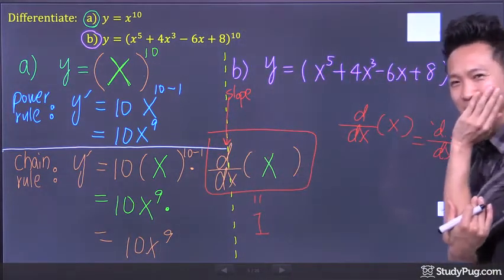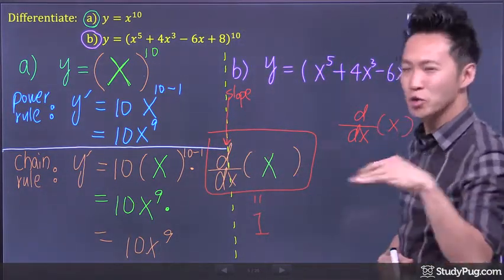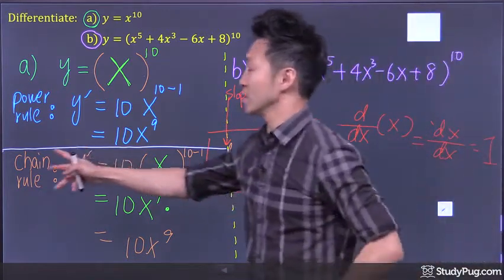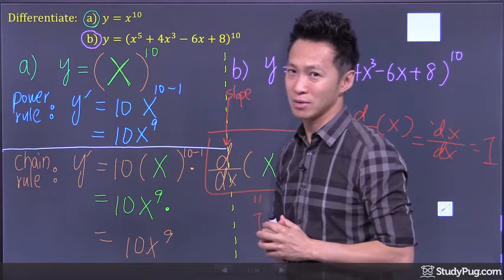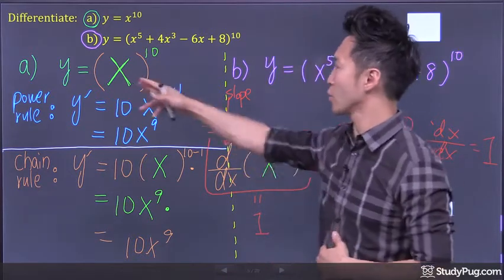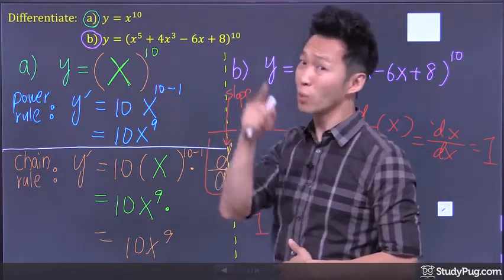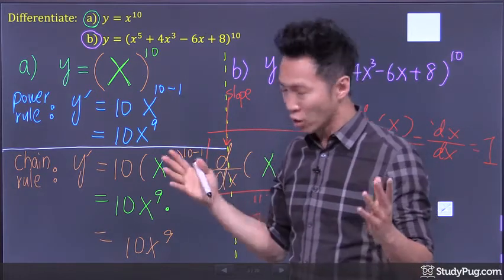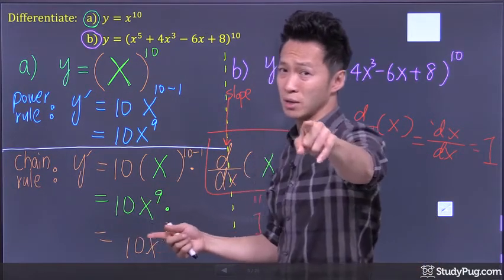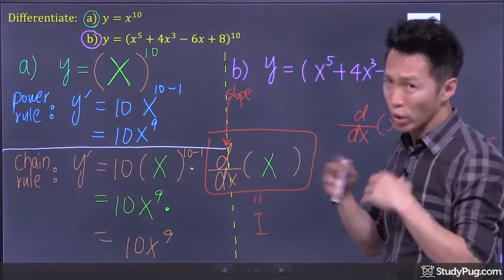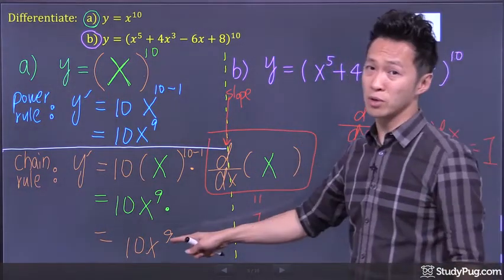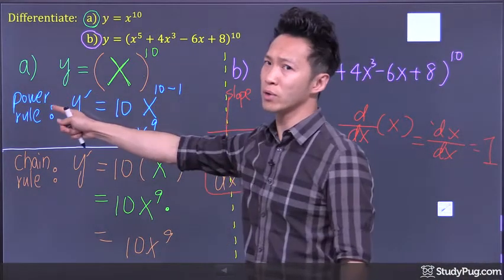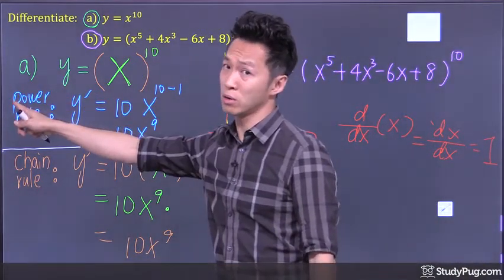Now, hey guys, do you see why chain rule is optional in this particular example here? I mean, guys, whenever you take the derivative of a function, you are using chain rule. Whether you notice it or not, you are using it, right? So we always have to use chain rule, but in this particular case, chain rule becomes optional. See, the first time around, we didn't use chain rule. We only used the power rule alone.